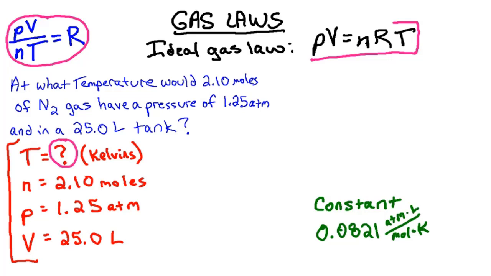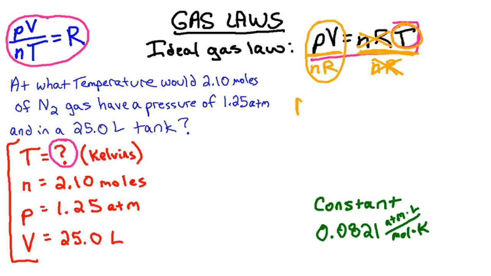So since we're looking for temperature, we need to isolate T and get it on one side of the equal sign all by itself. So in order to do that, we are going to divide both sides of the equal sign by N and R. So this N and R cancel each other out on this side, and all we're left with is T. And then we have PV over NR over here on this side.